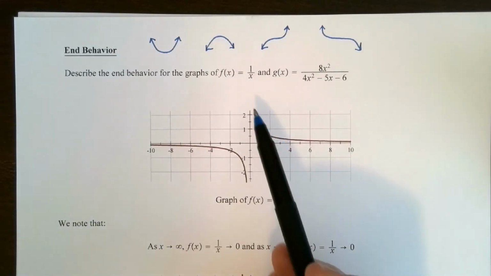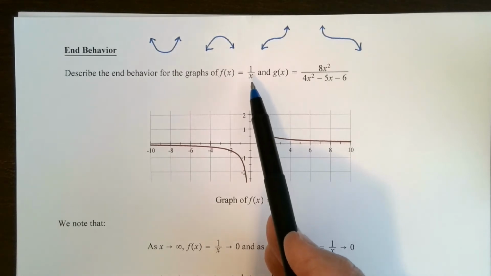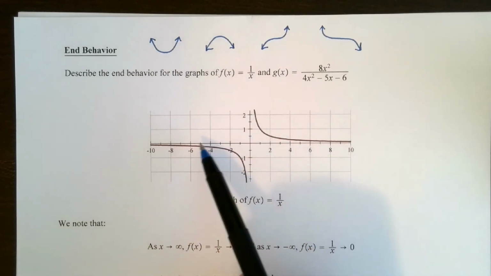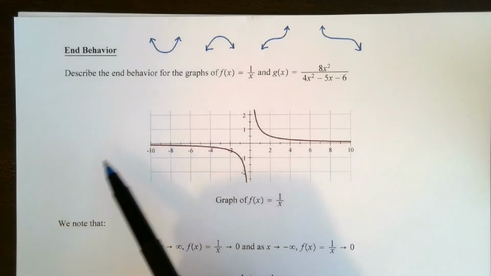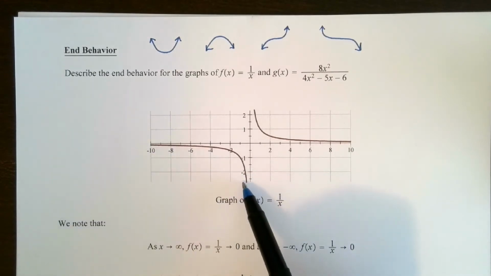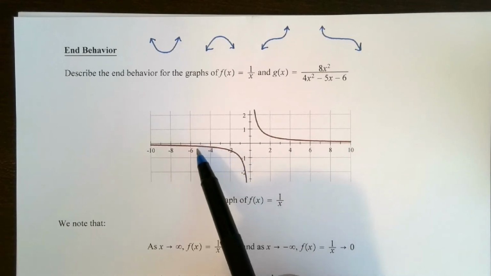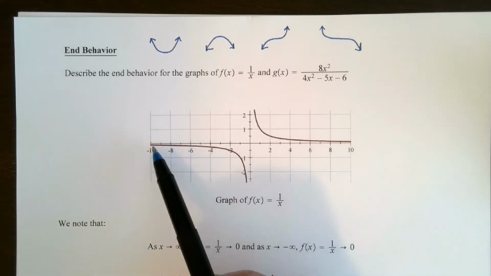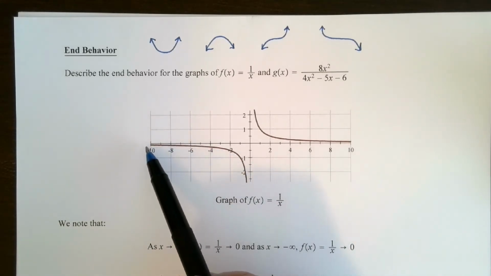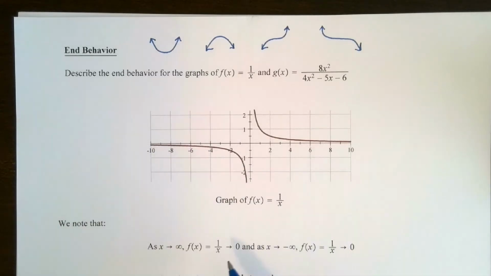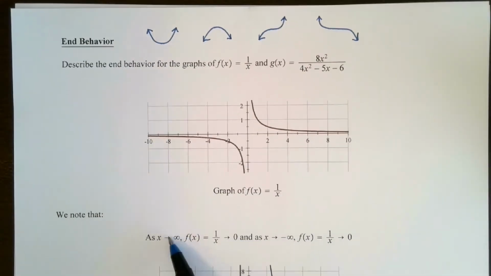If we plug in values that are negative and large in absolute value, like negative 10, negative 1,000, and so on, the value of the function 1 over x is always negative, but again, getting closer and closer to 0, getting closer and closer to the x-axis. And so we talk about this behavior this way. We say as x goes to infinity, f of x equal to 1 over x is approaching 0.